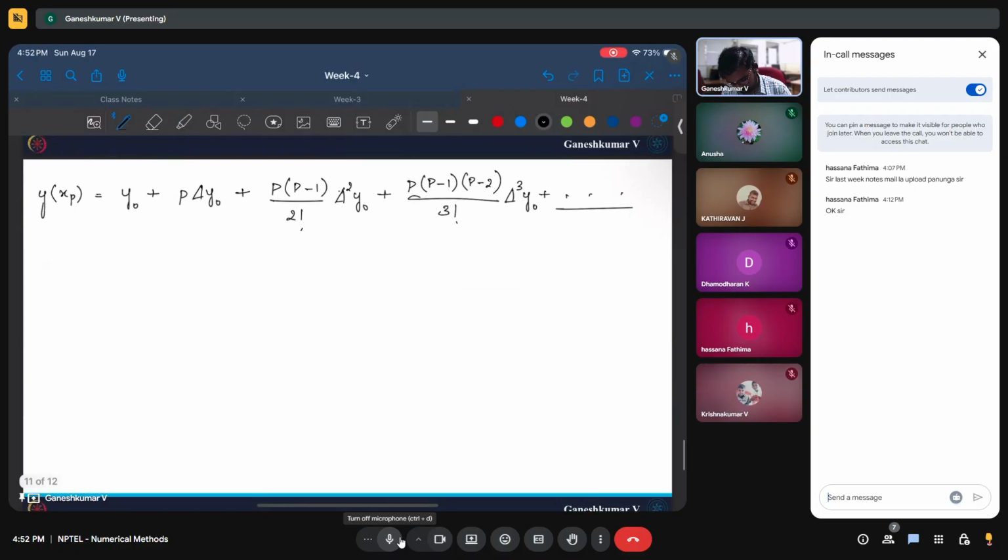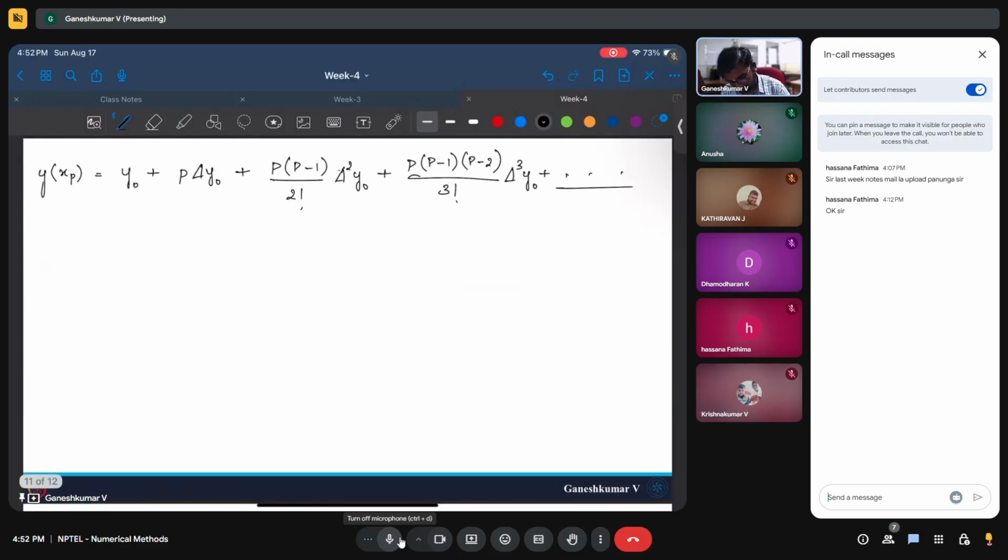It's a good idea to write one more extra term, but it's of no use because it is not present, so you have to cut that off.